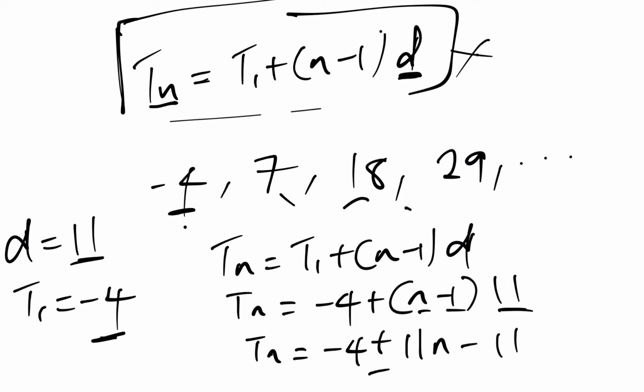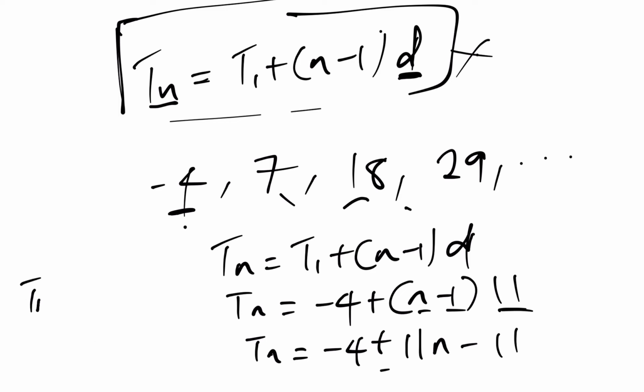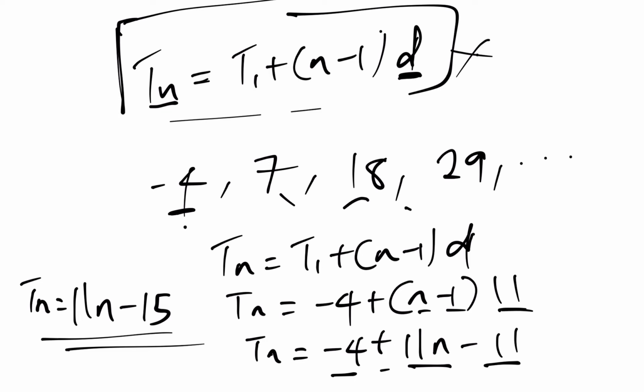Now we just have to simplify. Tn would be equal to 11n, then minus 4 minus 11, that's minus 15.